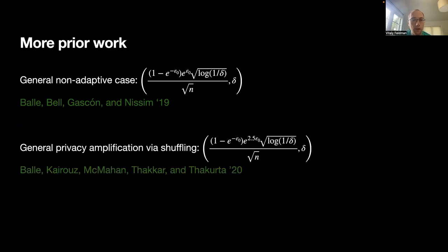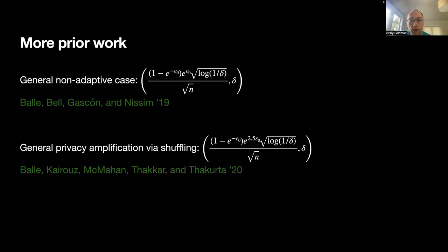And Bal and others, in a different work, have sharpened the general result from the constant of 3 to a constant of 2.5.